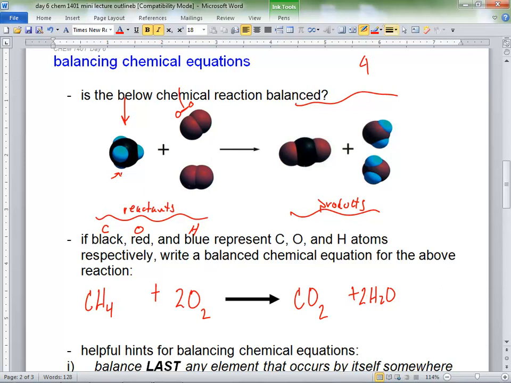So I've got 4 oxygens here, because 2 times 2 is 4. I've got 2 here, and I've got 2 here. Multiply the coefficient times the subscript. 1 times 2, 2 times 1. So there's 4 oxygens on both sides. Right?